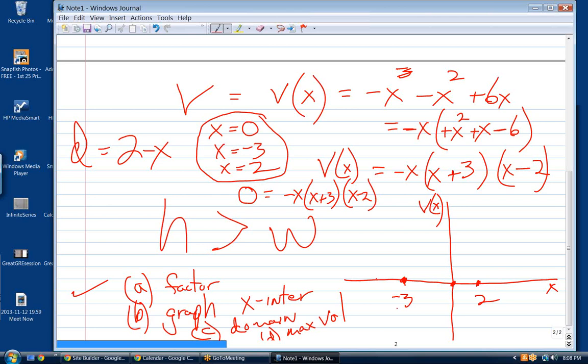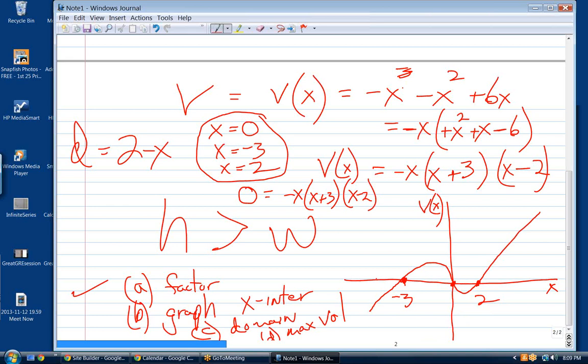So this curve does something like, this is what cubics tend to do. They have 2 local extrema, and in fact the most extrema that any polynomial has is its degree minus 1.